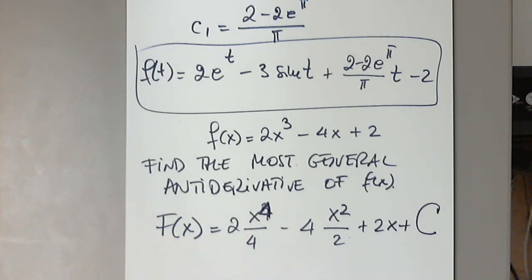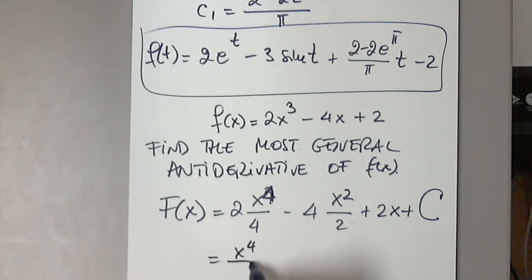The constant, yes, we're going to clean it up in a minute, but the constant can be anything, any real number. So this is basically a family of functions that all have the same derivative. This is not just one function. Infinitely many functions, a family of functions whose derivative is that, not just one. And that's the most general antiderivative of f of x.